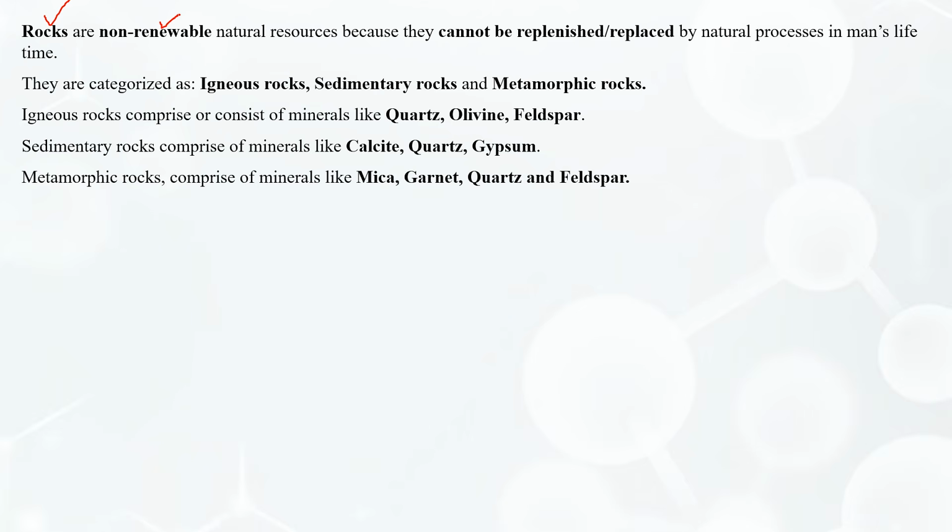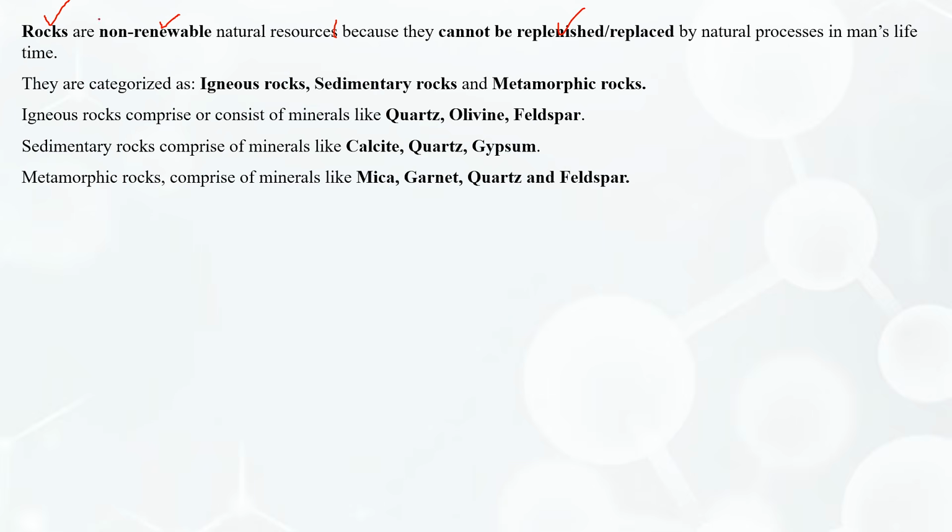Are you seeing this is the category, non-renewable natural resource, because they cannot be replenished by natural processes in man's lifetime. So we have given an example, we have categorized, and we have given the reason. Now, next we look at the composition.